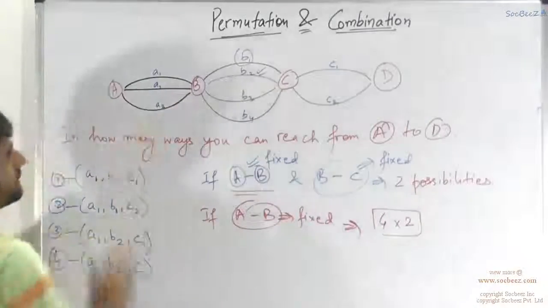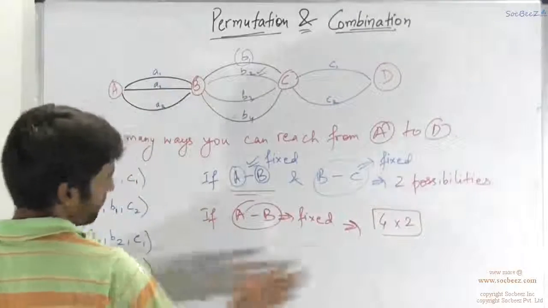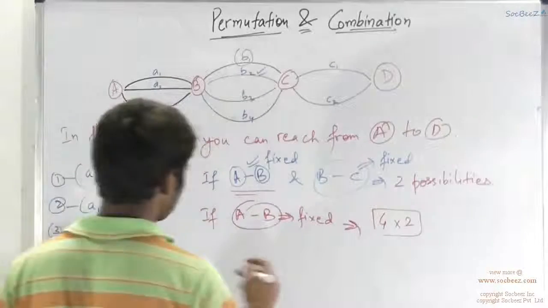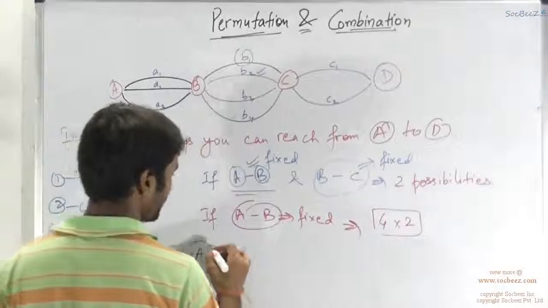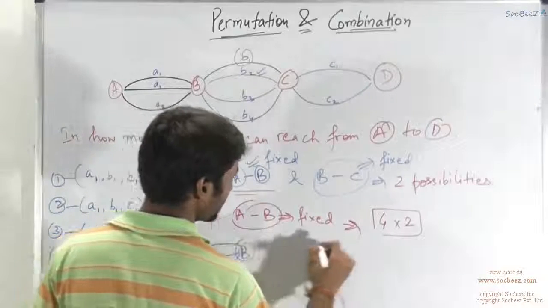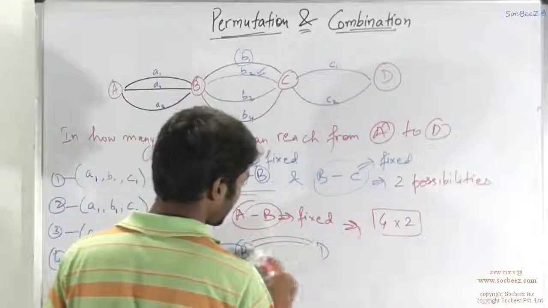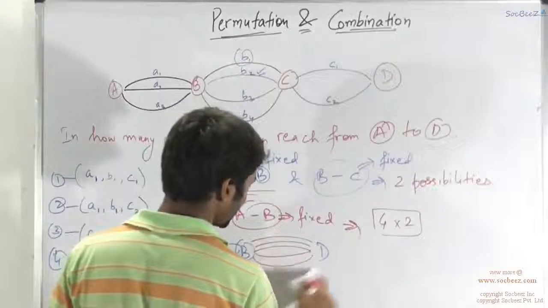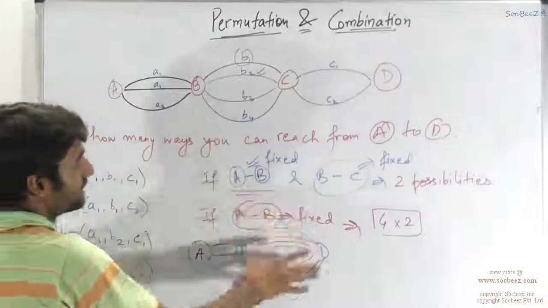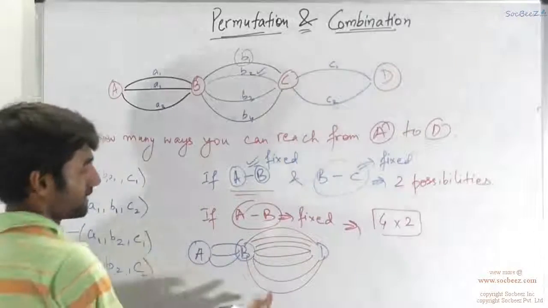At this point, you have solved this problem and converted it into something like this. You have A, you have 3 paths to B, and from B to D, you have 8 paths: 1, 2, 3, 4, 5, 6, 7, 8. You have changed this problem into something like this. So again here you will apply the multiplication principle.